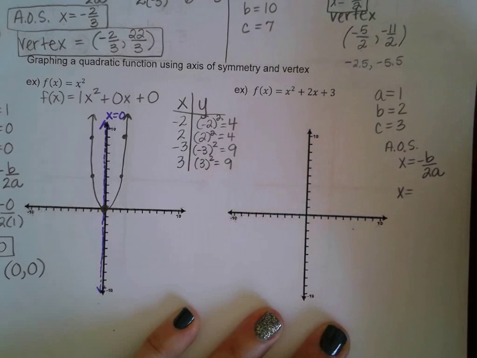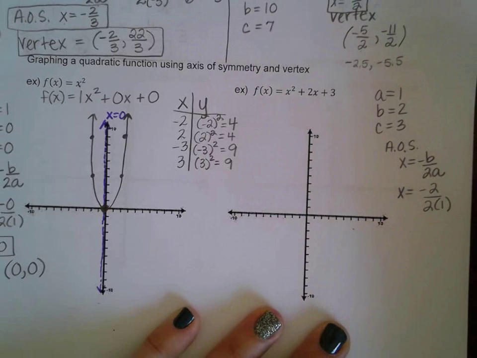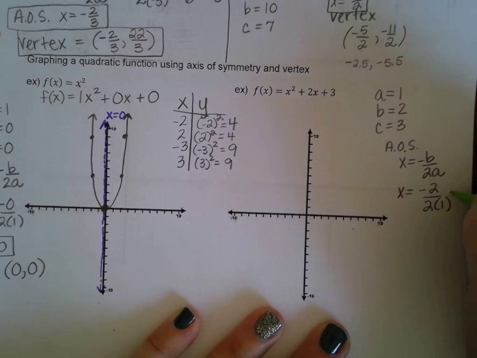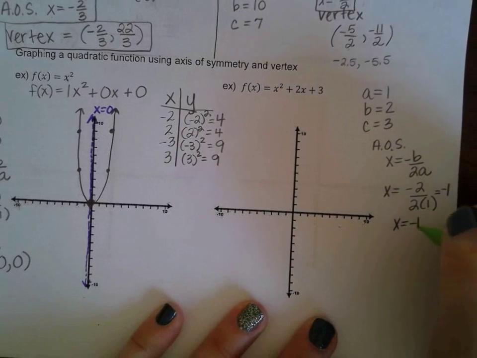X equals, so -b would be -2 over 2 times 1. Well, -2 divided by 2 is equal to -1. So your axis of symmetry is x equals -1.